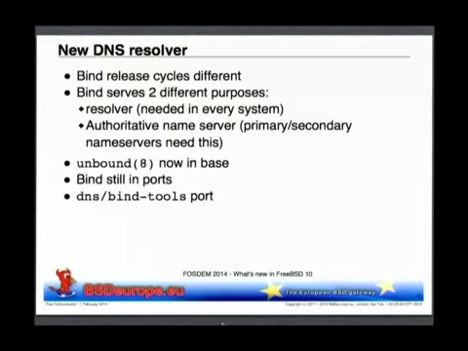Therefore it's much smaller, easier to maintain, and hopefully has fewer security problems than a full authoritative name server. Authoritative name servers are a high profile target for denial of service attacks and other mishaps on the internet. The resolver is much less visible from the outside and therefore much less interesting for hackers.